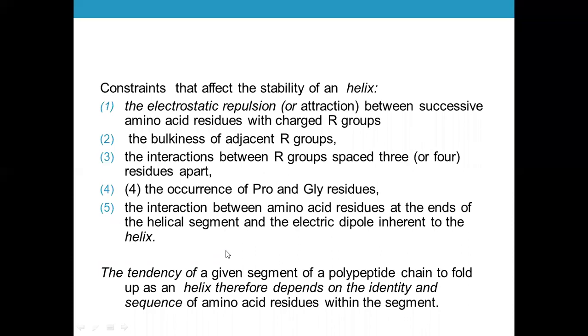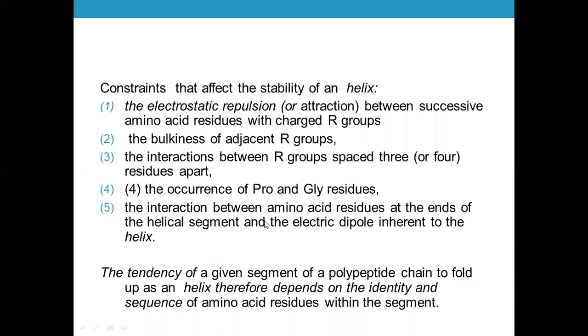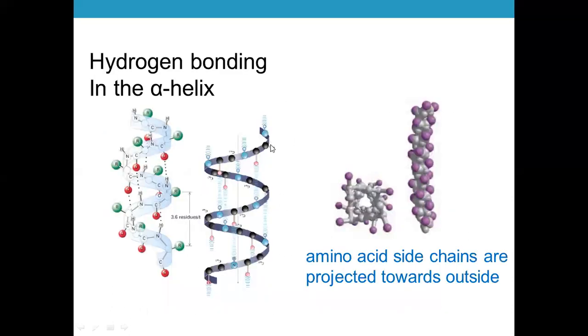So what are those? Earlier, at the ends, the interaction between amino acid residues, I have already mentioned, in particular at the outside, at the edge. It can also affect whether it will stabilize or destabilize the alpha helix. If it destabilizes the alpha helix, actually, it will disrupt the alpha helix structure.